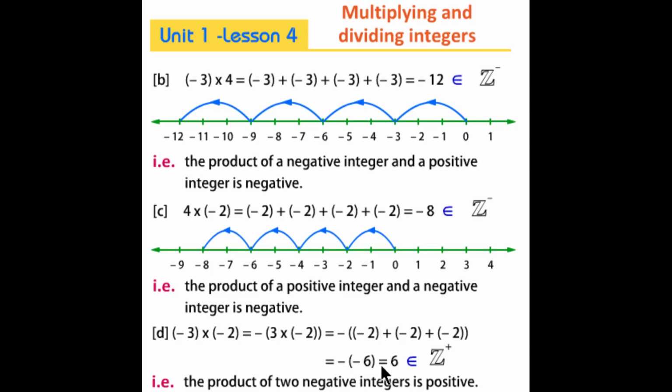That means equals 6, because negative times negative equals positive, and 6 belongs to Z positive. That's to say, the product of two negative integers is positive.